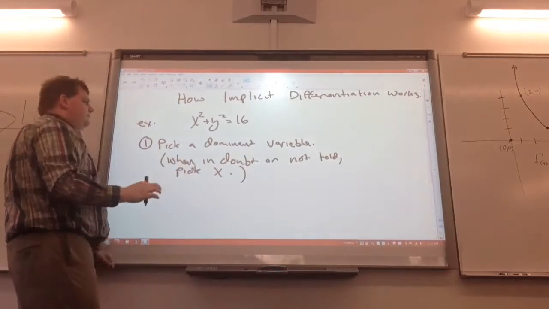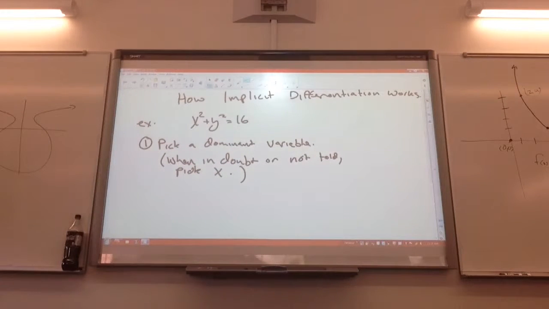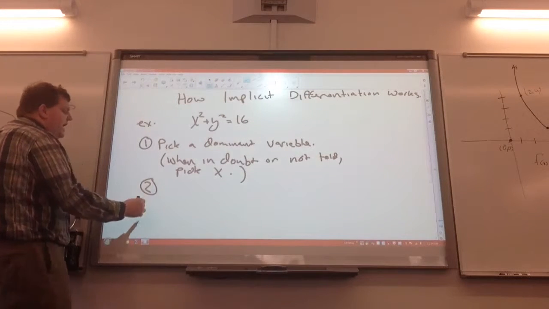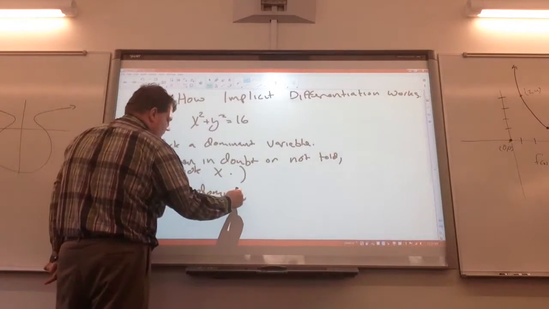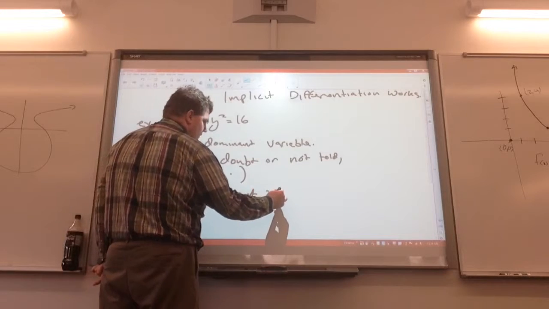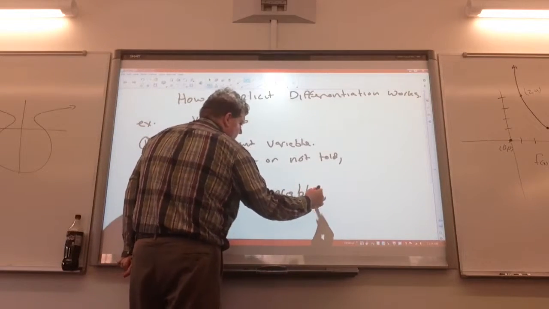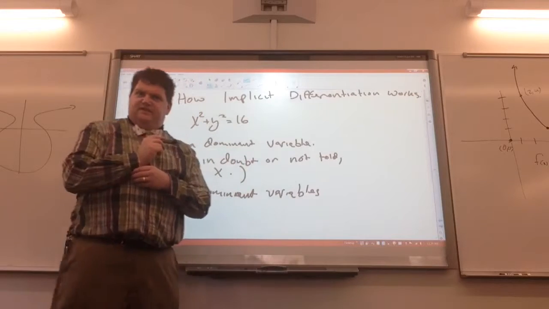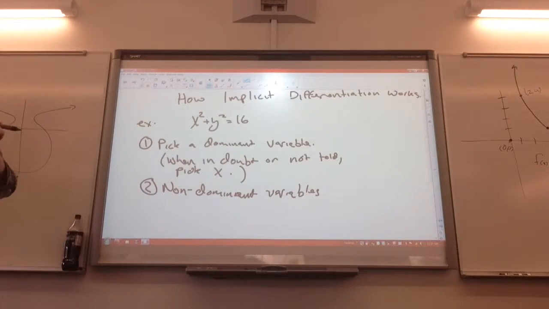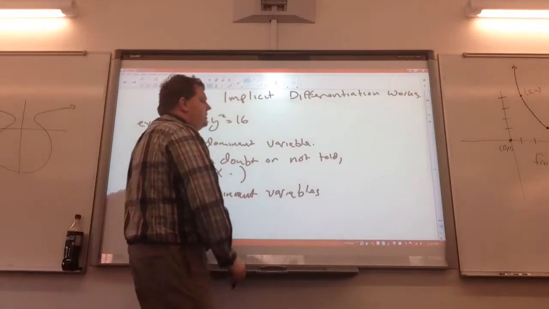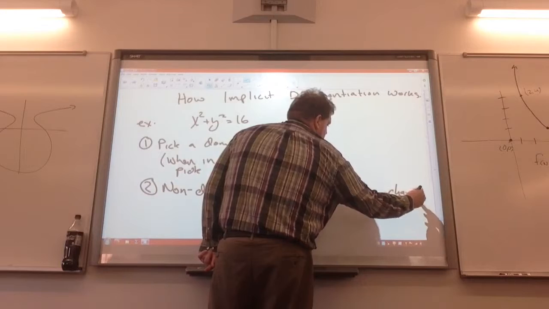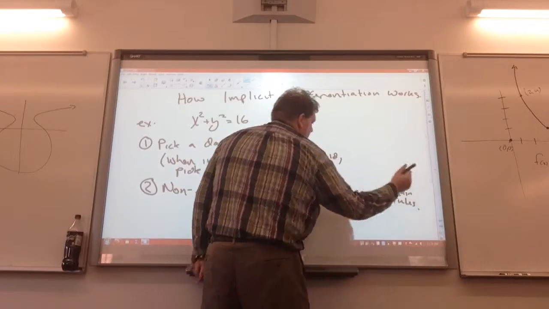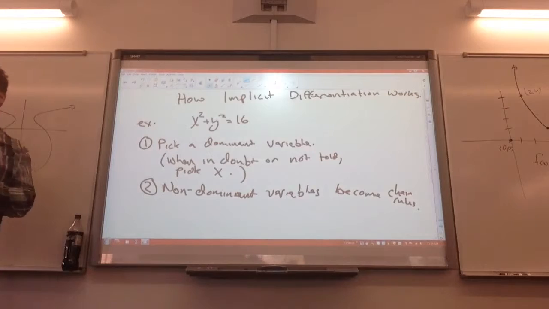Alright, so we're going to take the derivative of this thing with respect to x. That means the non-dominant variables, in this case, don't become constants like we saw before. Instead, non-dominant variables become chain rules. And you'll see what I mean here in a second.